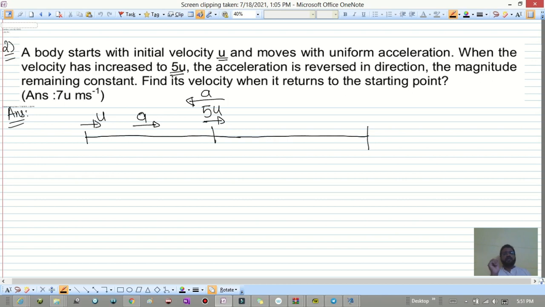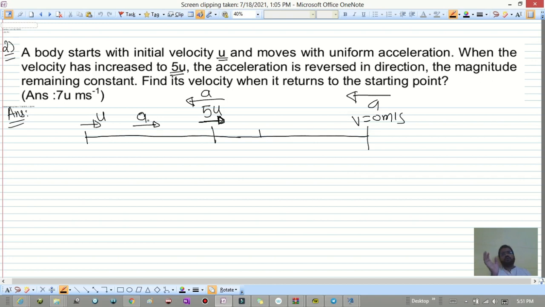Now see, here the initial velocity is 5u when the acceleration reverses. Then what will happen, this 5u will come down to 4u, then 3u, then 2u, and finally the final velocity we have is 0 meter per second, isn't it? But the acceleration will always be in the same direction, that is backward only.